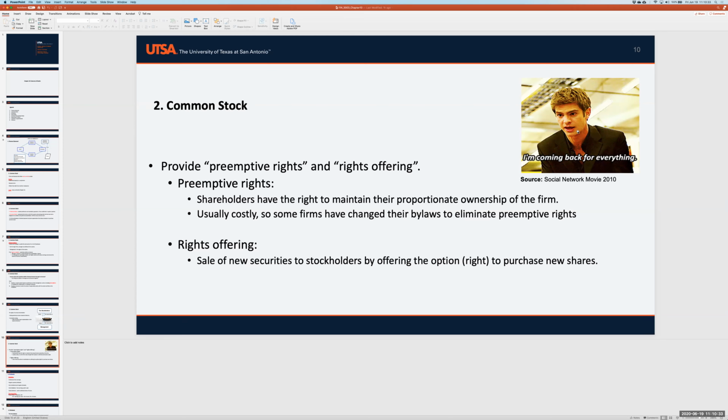So preemptive rights are extremely important in order to maintain the proportionate ownership of the firm.